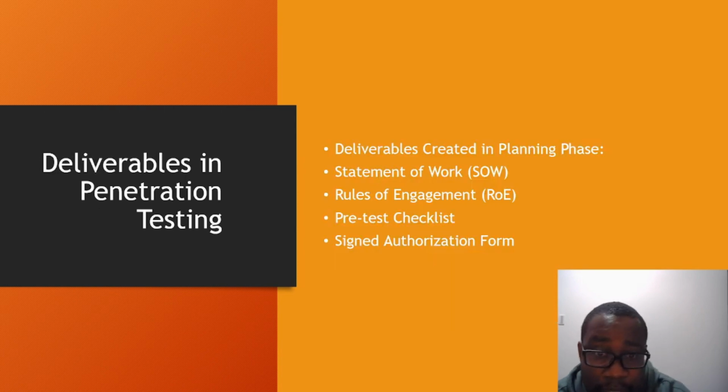Deliverables. So deliverables is more or less what the party that's being tested expects from you, right? So your statement of work is pretty much a written document that lays out what you're accomplishing.